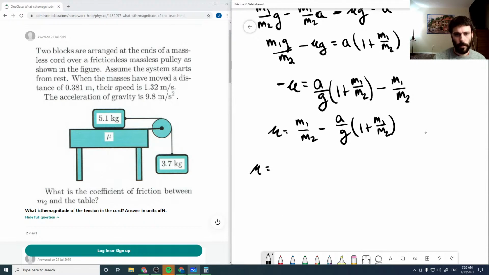So our mu is M1 being 3.7 kilogram mass, minus our acceleration, which is 2.287, over g, which is 9.8 meters per second squared.